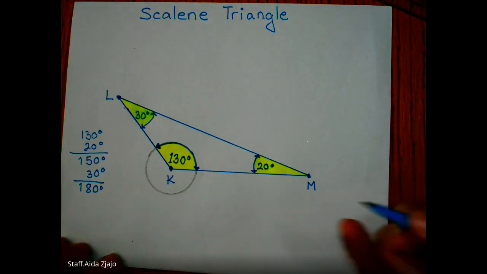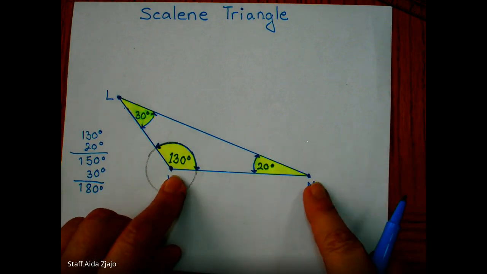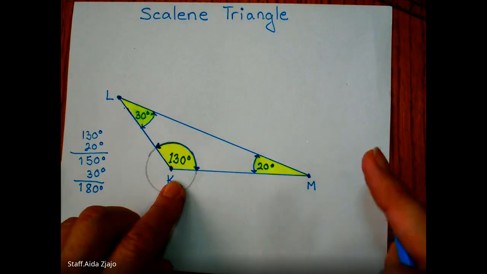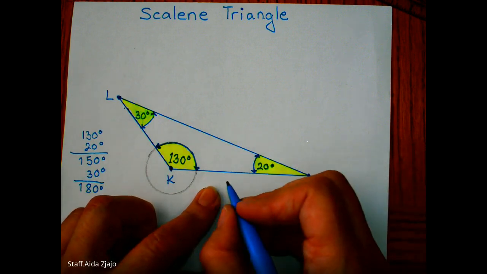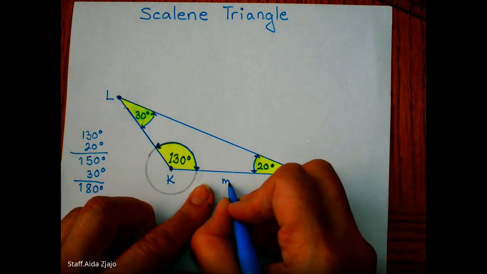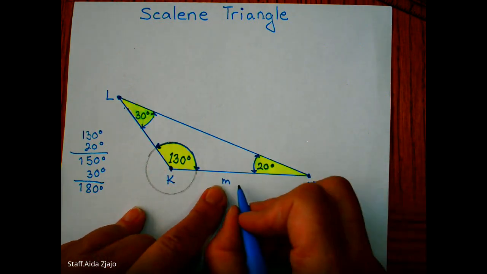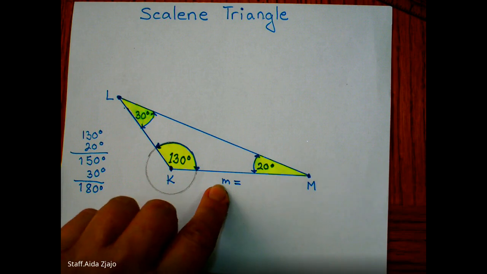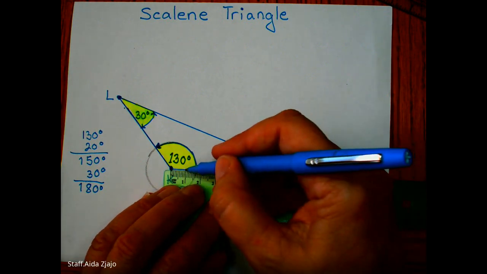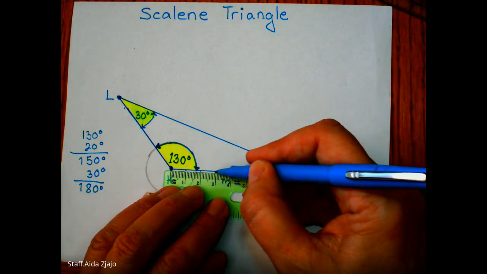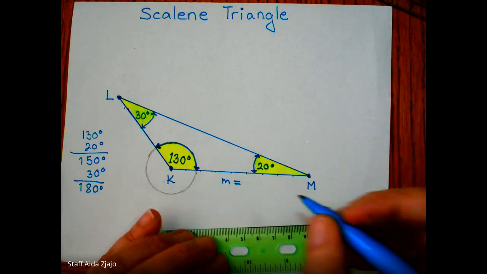So we can label this triangle. Points are labeled with a capital letter and sides are labeled with a lowercase letter. So this line segment KM, we can say that is equal to 9 centimeters. So I can measure it, and it's here 1, 2, 3, 4, 5, 6, 7, 8, 9 centimeters.